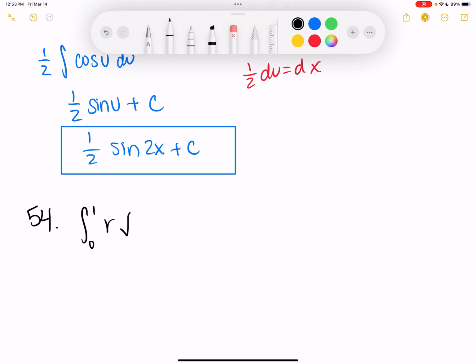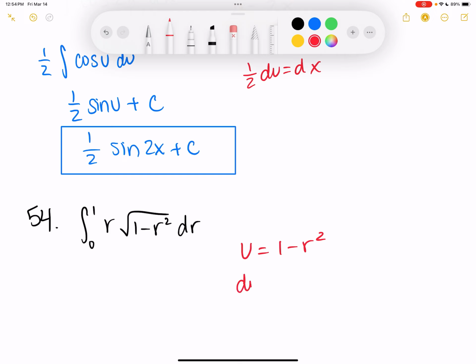The integral from 0 to 1 of r times the square root of 1 minus r squared dr. Basically, I'm doing the same thing, it's just now a definite integral, so I have to evaluate it. So what is u? 1 minus r squared.